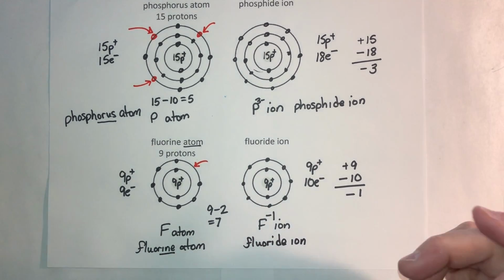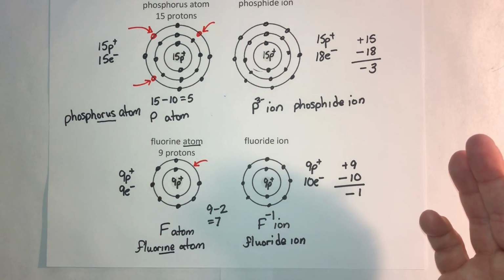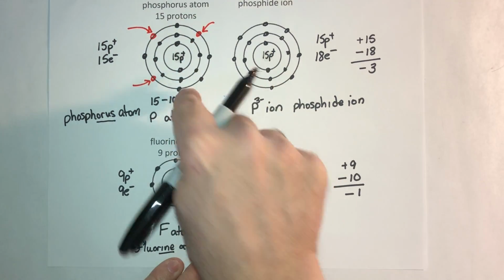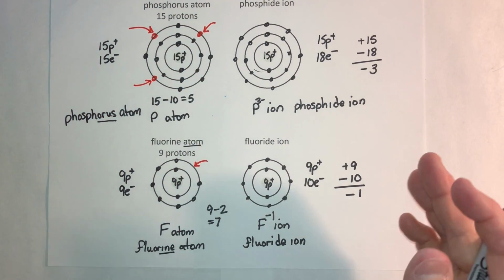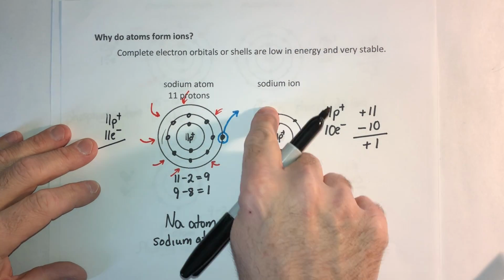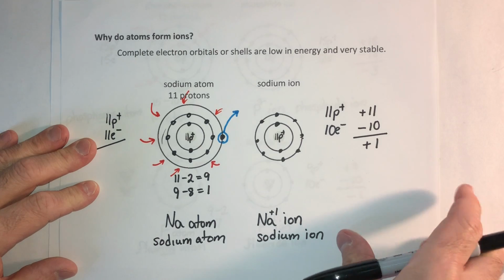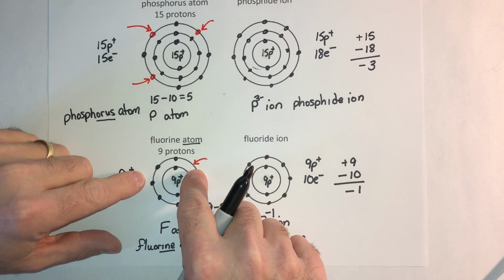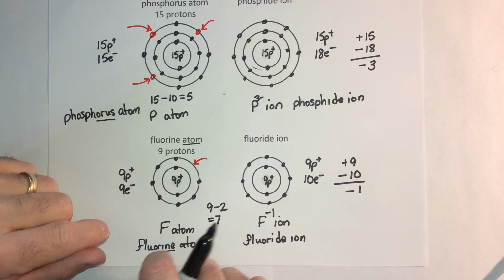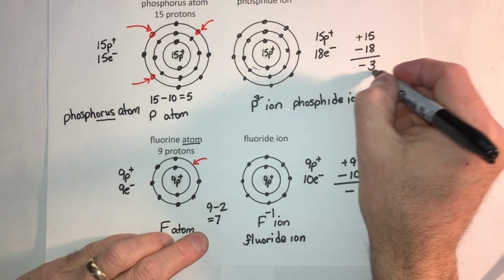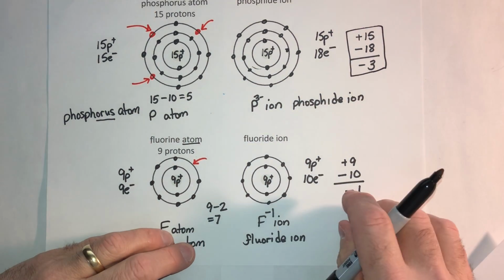So if you are able to draw the Bohr diagram and you're able to look at the number of valence electrons that you have, you should be able to predict whether you're going to lose electrons. We come back here to our sodium, right? Sodium lost an electron. Or you should be able to predict that you're going to gain some electrons. And based on the number of electrons you lose or the number of electrons you gain, you should be able to predict what the charge is going to be, right?